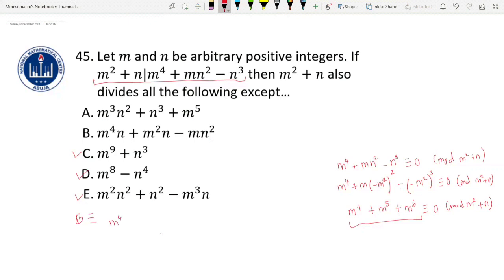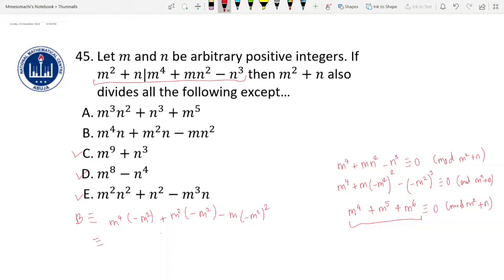So m to the fourth power and negative m squared plus m squared negative m squared minus m negative m squared squared.